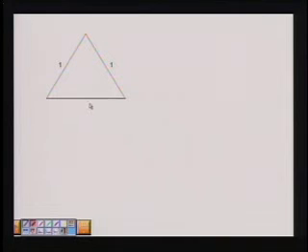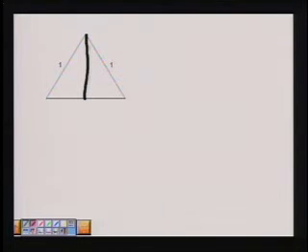Our next special triangle is the 30, 60, 90 triangle. Let's find common values for the lengths of these sides. Let's start with an equilateral triangle with sides of 1 unit. So all 3 sides really are 1 unit. Now drop an altitude. That cuts the base into 2 equal pieces.